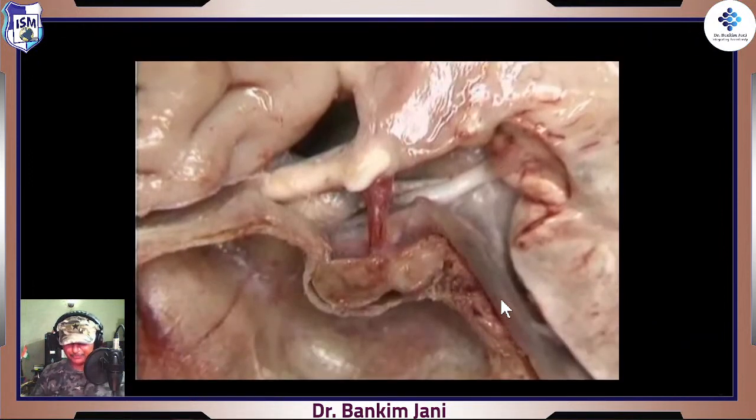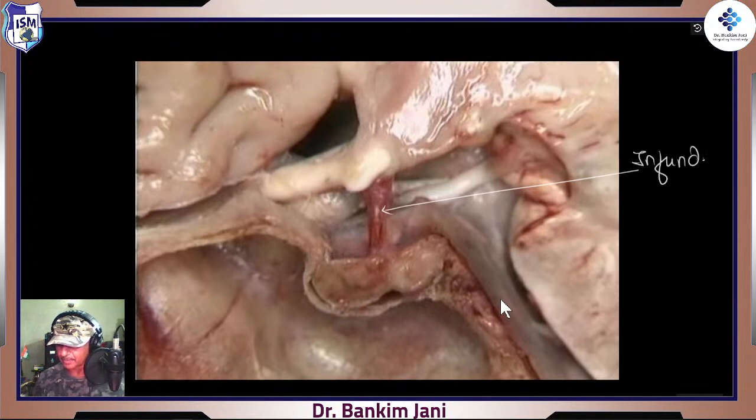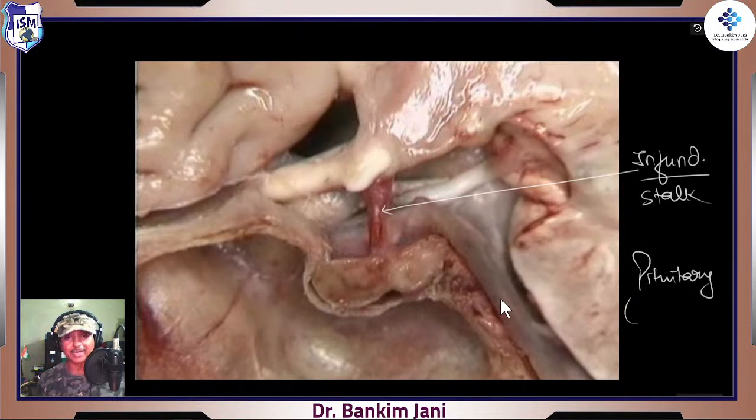Yeah. So we were talking about the infundibulum, right? Here is another section, why leave anything by chance? So this is the infundibulum, or the stalk of the pituitary body, the pituitary gland. The pituitary gland is also called the hypophysis.